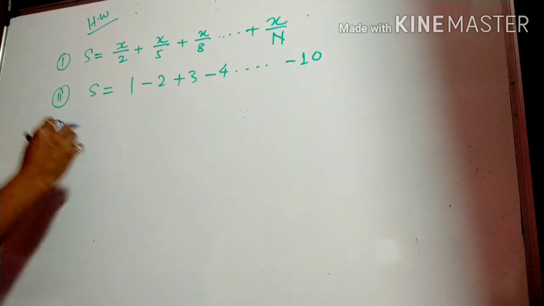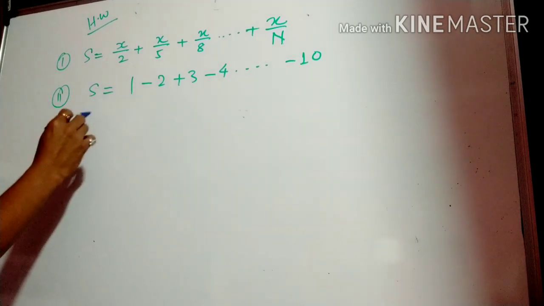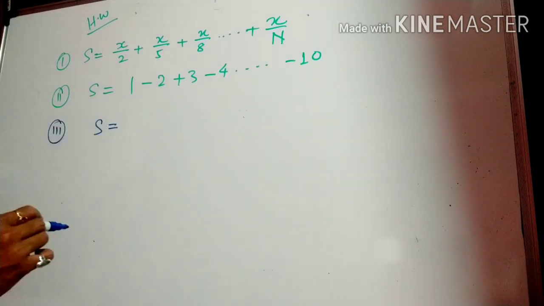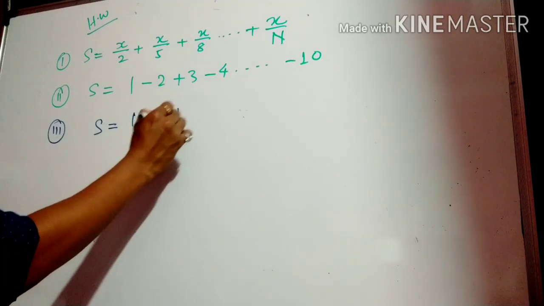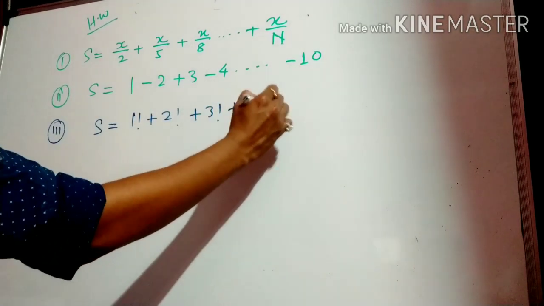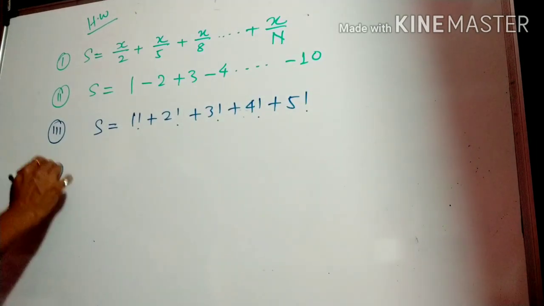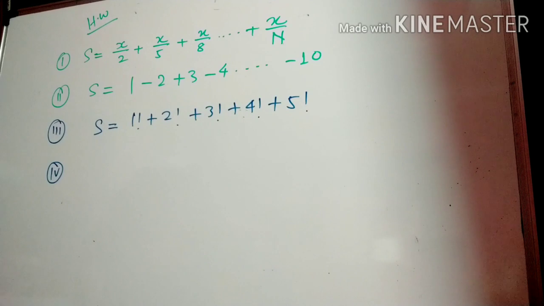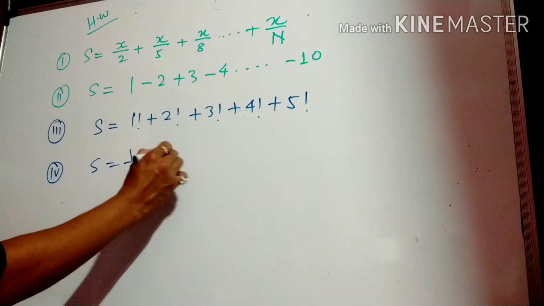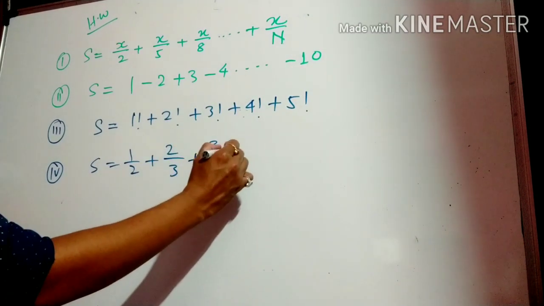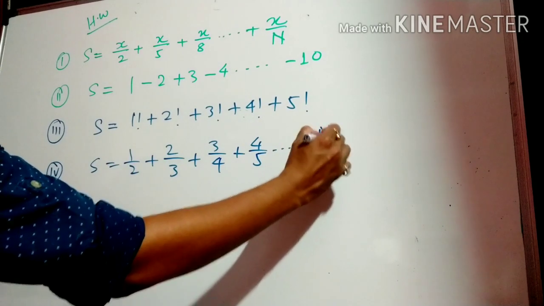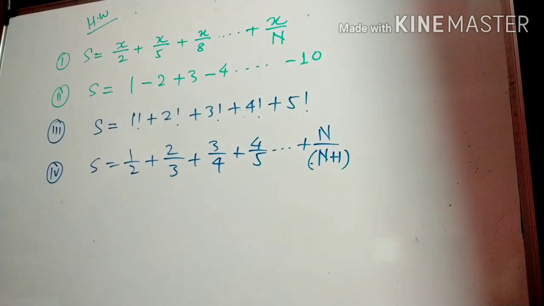Number 3: S is equal to 1 factorial plus 2 factorial plus 3 factorial plus 4 factorial plus 5 factorial. Number 4: S is equal to 1 by 2, 2 by 3, 3 by 4, 4 by 5 dot dot dot n by n plus 1. Just revise these questions, do them as homework, so that in the next clip I will explain the series topic. Thank you. Have a good day.